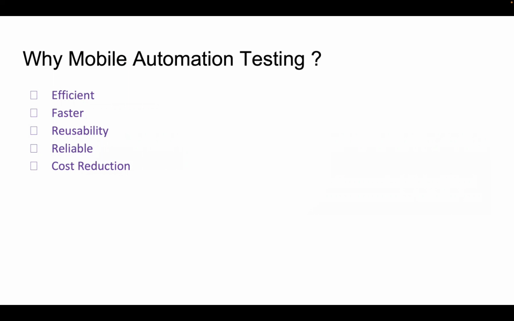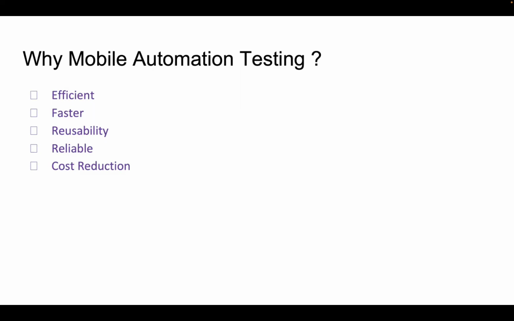The third one is reusability. When we have developed the automation script, we can use that framework anywhere and reuse pieces of code anywhere. Also, we can do cross platform testing using an Appium script. It is reliable also.